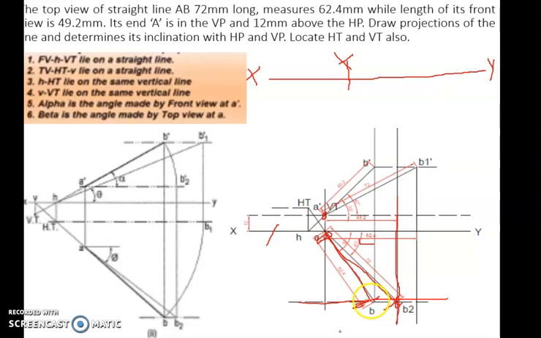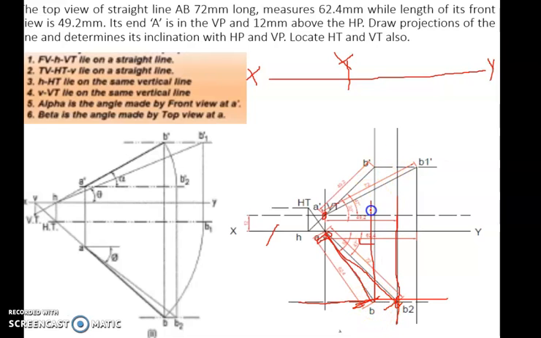So this plan, point B, and this A and V coincide here, and extend it. So you will get this line. Okay, so where to mark this H point? You can mark the H point by extending this A prime B prime, but you don't have the A prime B prime. Let me draw that first.